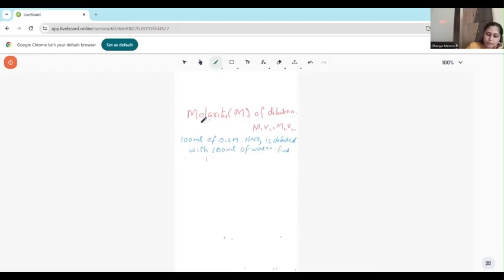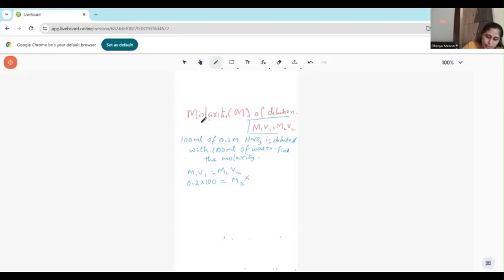So what's the formula? We already have the formula in our hand. M1V1 is equal to M2V2. So over here, M1 is 0.2, volume is 100, equal to the final molarity, which we need to find out, times the final volume.